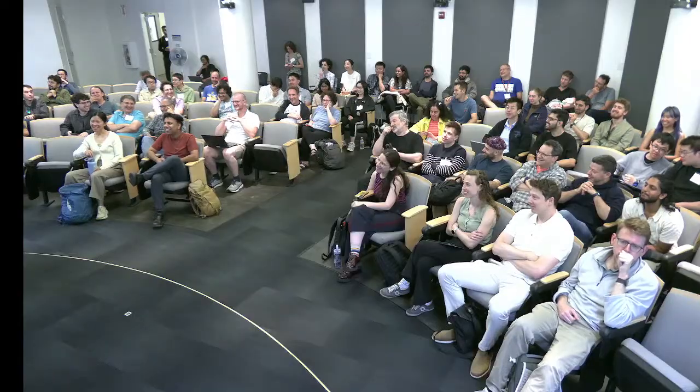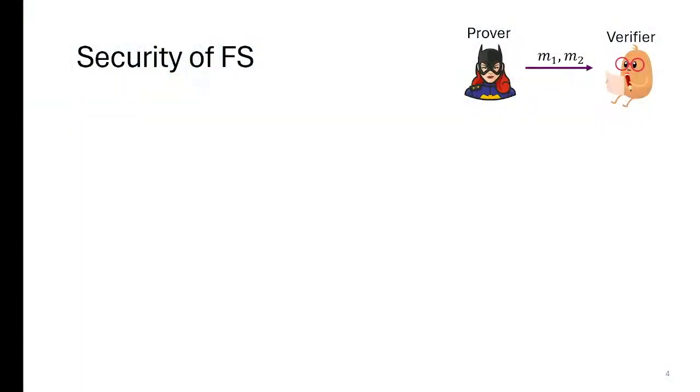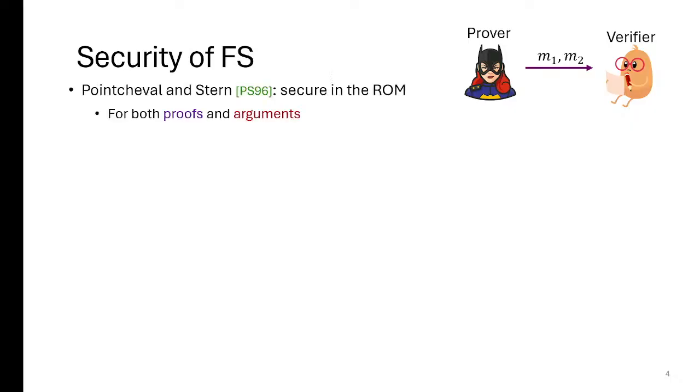Okay. So we have this heuristic. It's very nice, but is it secure? Just this idea makes sense, but sure, we have to prove something. Fiat and Shamir didn't really, but Pointcheval and Stern did prove that this is secure in the random oracle model, meaning that the hash function is modeled as a completely random function.